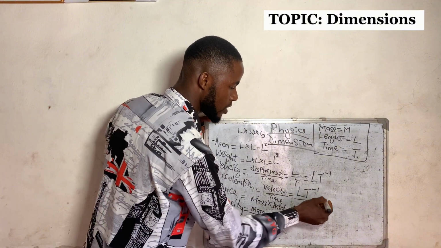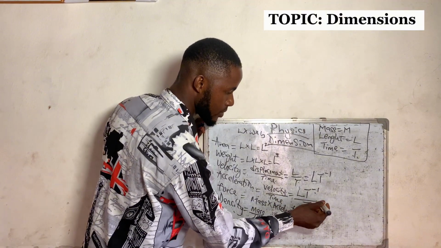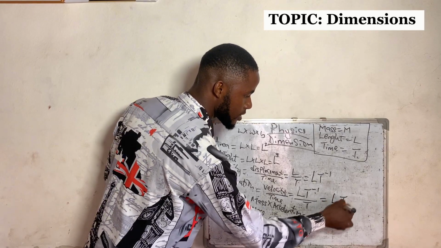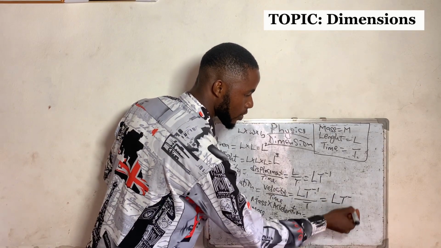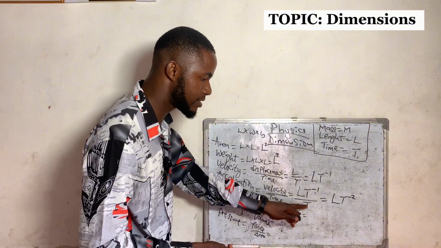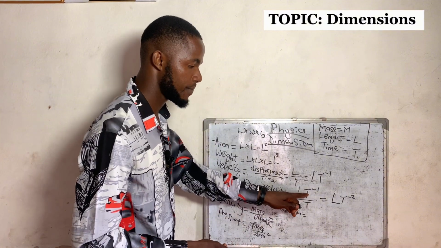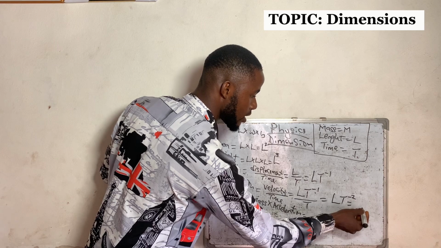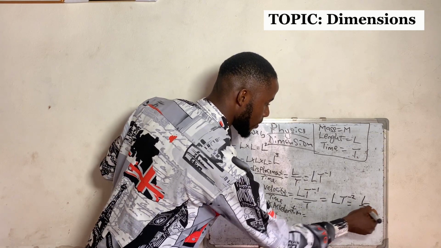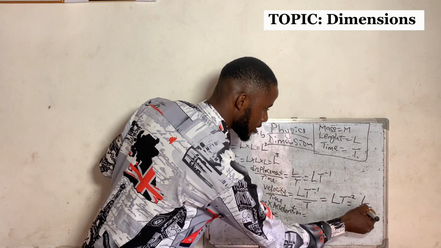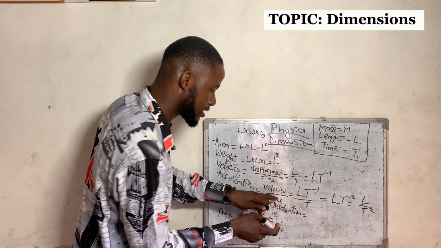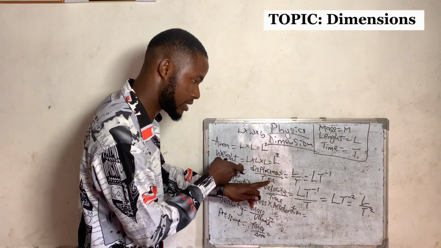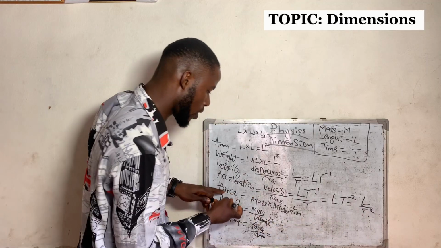It will be L T raised to power minus 2, because of this T and this T. Are we following now? According to the laws of indices, you can also write it this way: L over T squared, that is T for this one and T for the one in velocity, T squared.